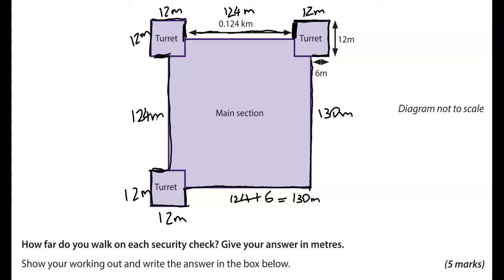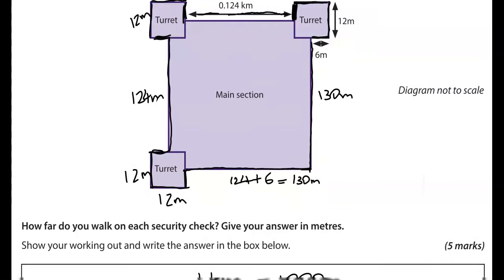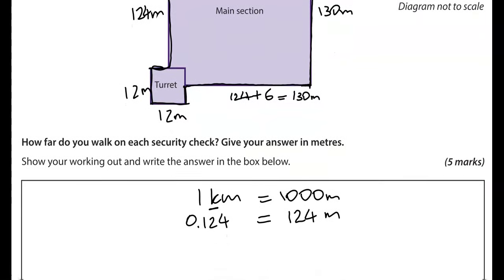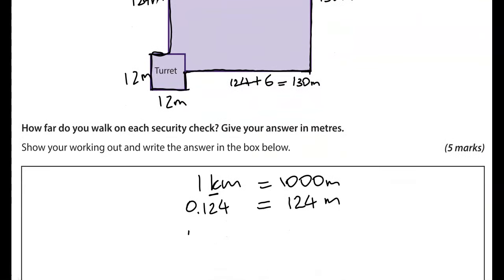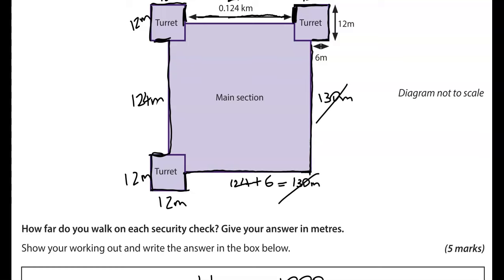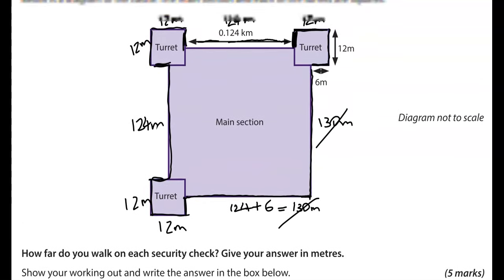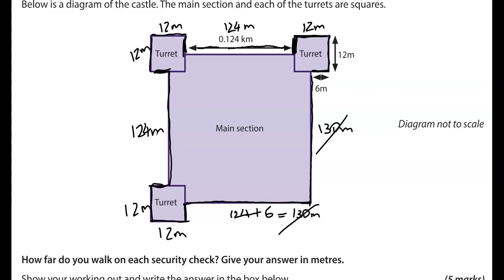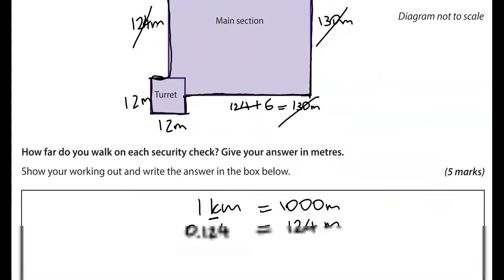So let's add them together. Taking them in turn, we'll do 130 and 130. I'll cross them out as I go along. Then we have 124 and 124.